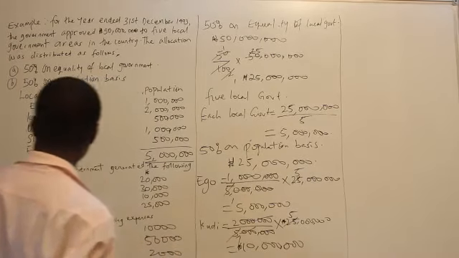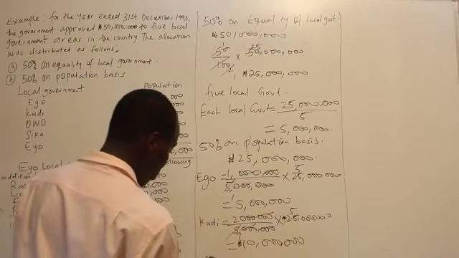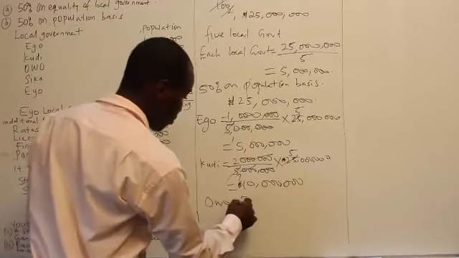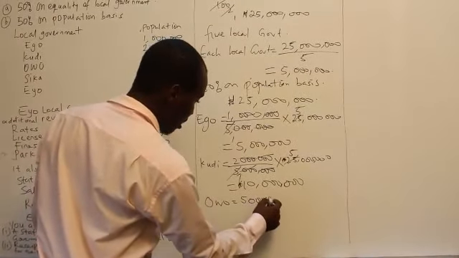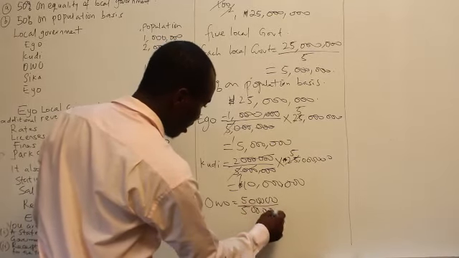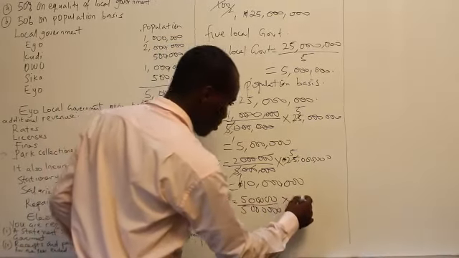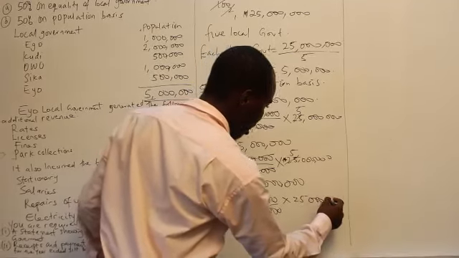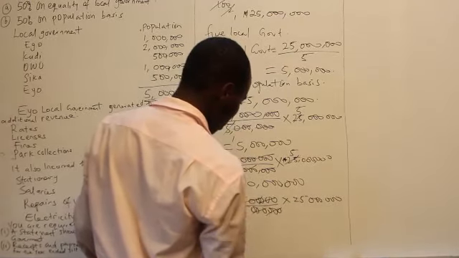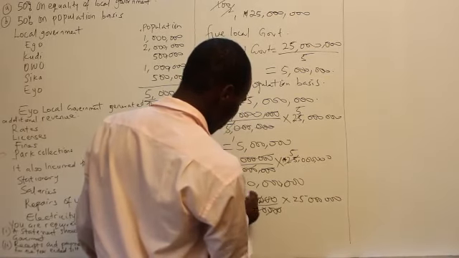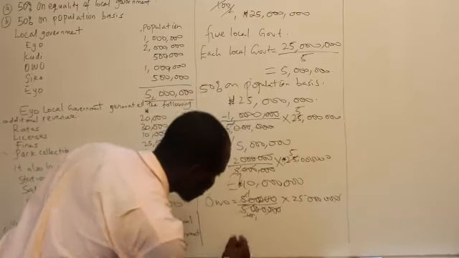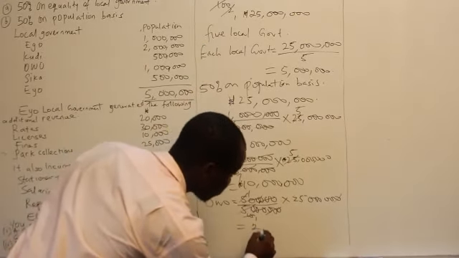Now the next one is Aworld local government. The population of Aworld local government is 500,000 people over 5 million, times 25 million naira. So we cancel the zeros, 5 into 1, 5 into 10, 3 into 1, and so we have 2.